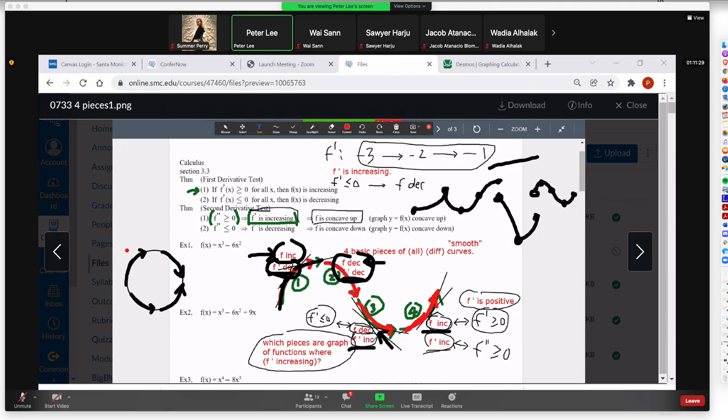So now, let's look at this. Here we have a curve, f of x, and we want to graph this. How do you graph this? In order to graph it, what do you need to do?